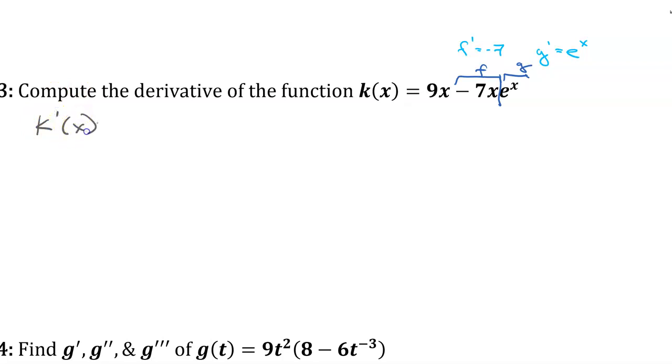k prime of x would be the derivative of 9x, which is 9, and then f prime g plus fg prime.